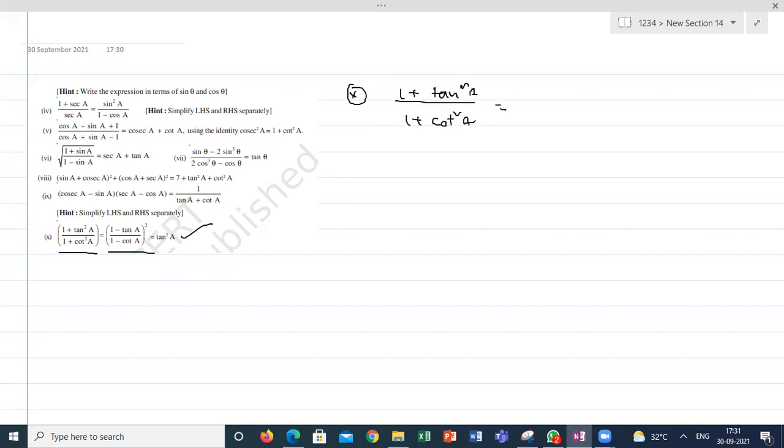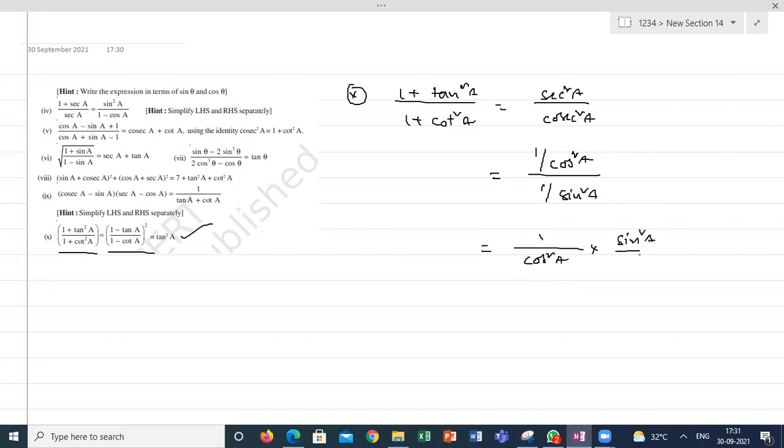We know very well 1 plus tan square A is secant square A, and 1 plus cot square A is cosecant square A. Secant square A is 1 by cos square A, cosecant square A is 1 by sin square A. This will be 1 by cos square A into sin square A divided by 1. This will be tan square A.